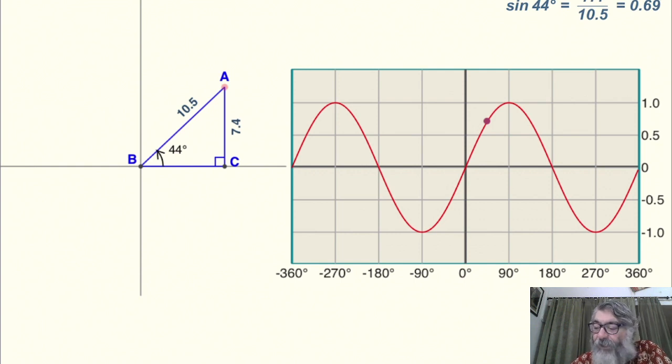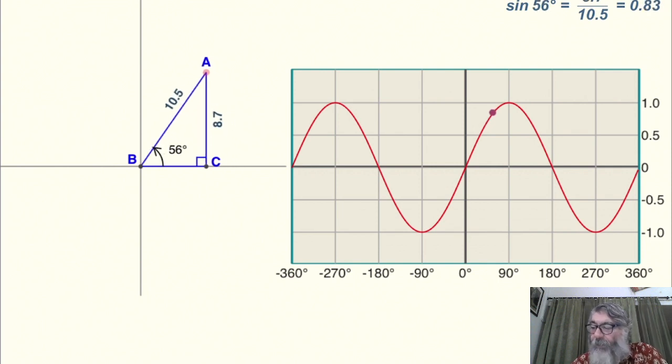It was 0 along the x-axis, and when it is moving, you can see it is 0.69 just now. It has become 0.83. The angle theta increases, sine theta increases.